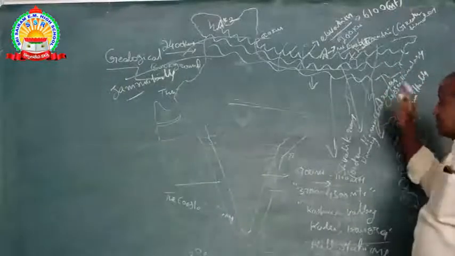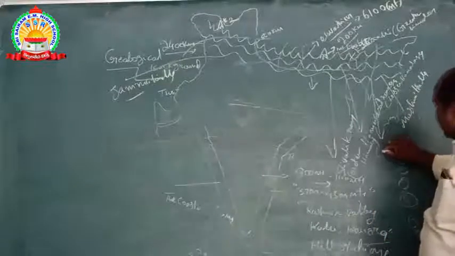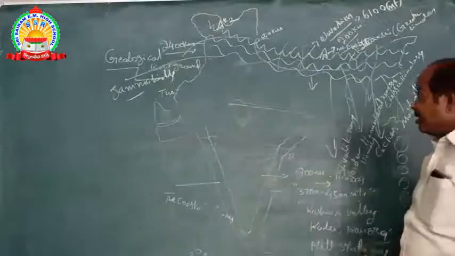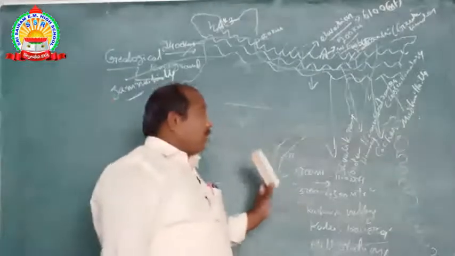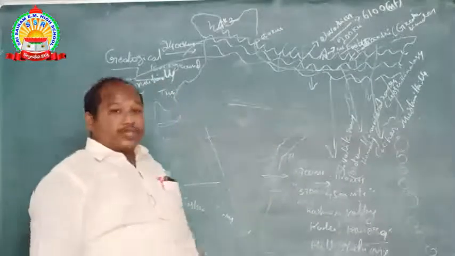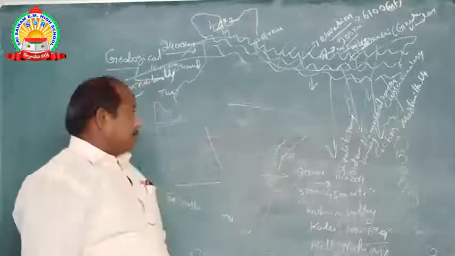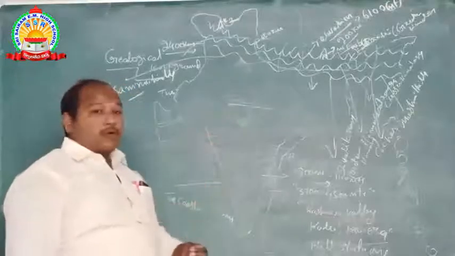Regionally, these Shivaliks are known by regional names. So I completed the total ranges of the Himalayas. Before that I told you how many ranges of Himalayas, what are they, and explain. Next we'll discuss another topic about the Himalayas.